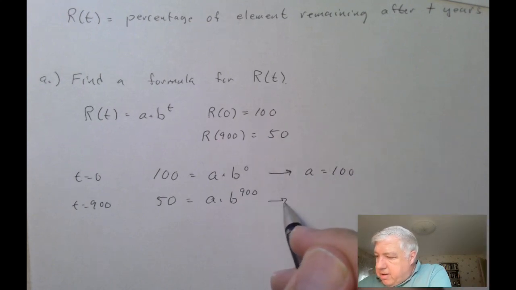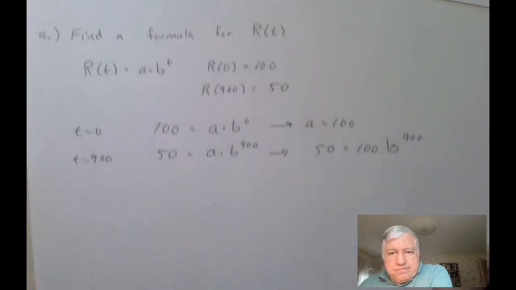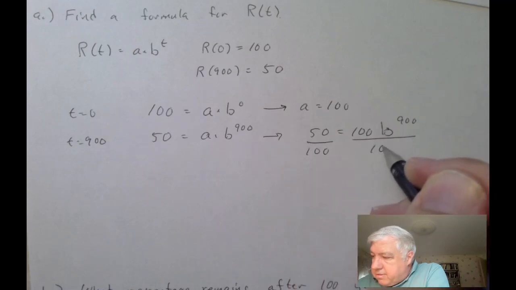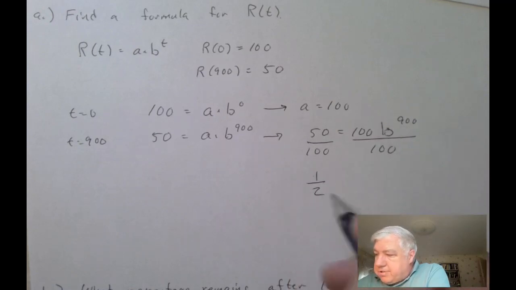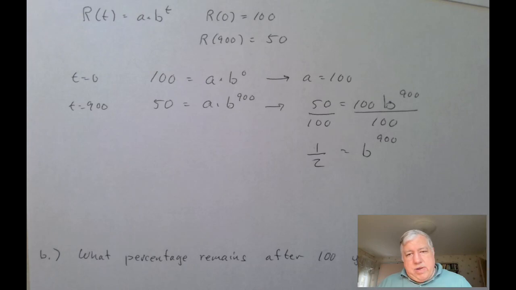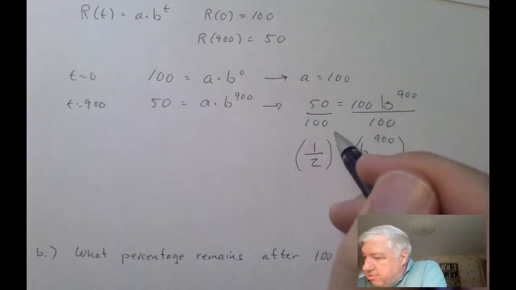And then from here we get that 50 is equal to 100 times B to the 900th power. We can divide both sides by 100. And this reduces to 1/2, and this is just B to the 900. And once again, we take the 900th root of 1/2. We can do that just by raising both sides to 1 over 900.